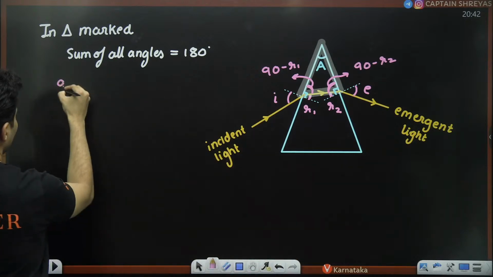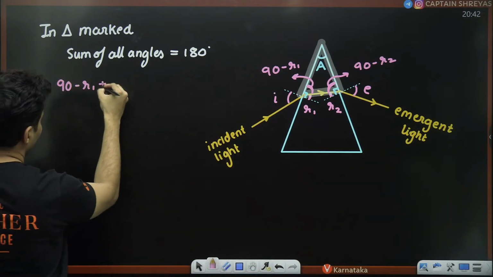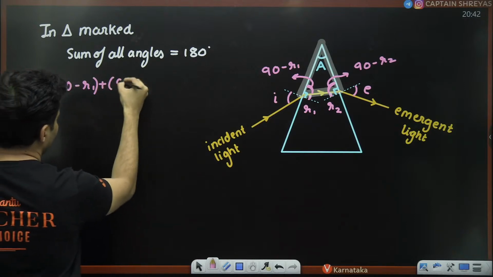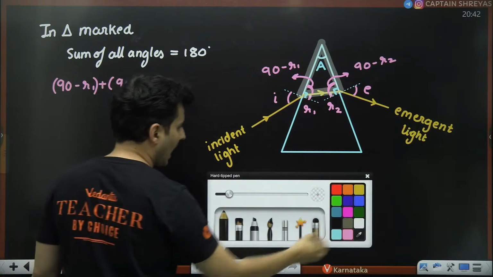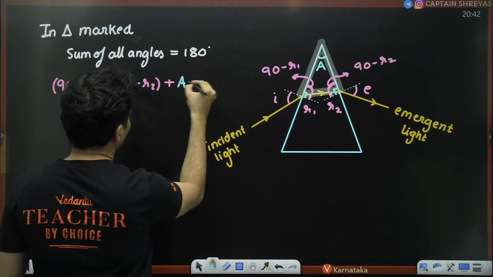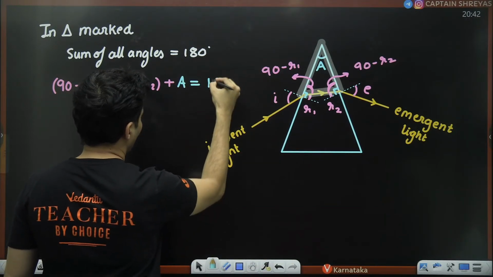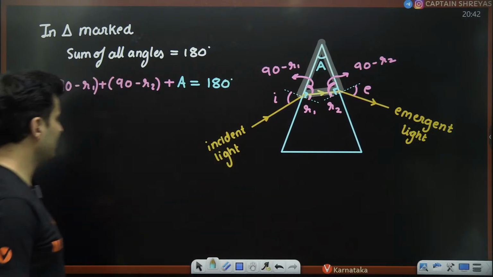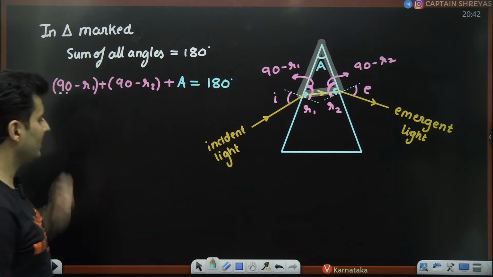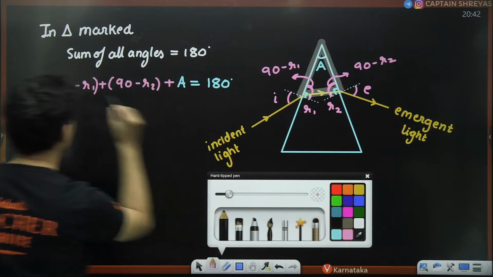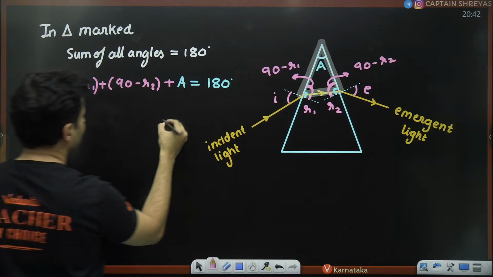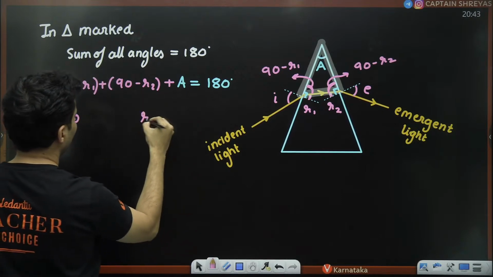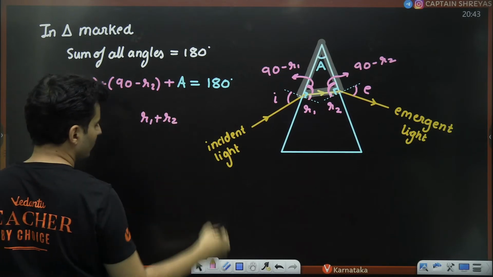So what you will see is 90 minus R1 plus, this is the first angle, 90 minus R2 is the second angle, plus the angle of prism A is equal to 180 degrees. Best part, 90 plus 90. Can you see over here what is happening? 90 plus 90 is 180 degrees. I can shift that R1 and R2 to the other side, R1 plus R2.